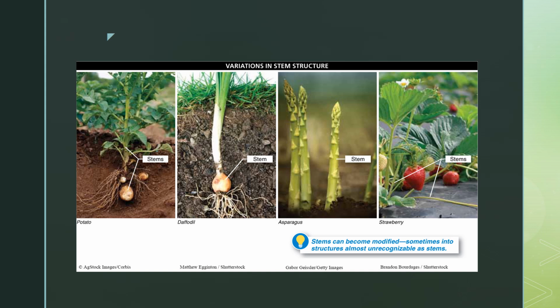And also for the strawberry, the stem of the strawberry plant is lying over the ground. So that inspires us to know that there are different shapes of stems and also different modifications of these stems.